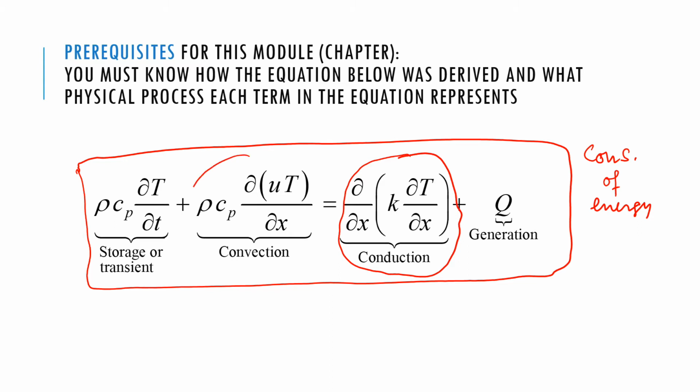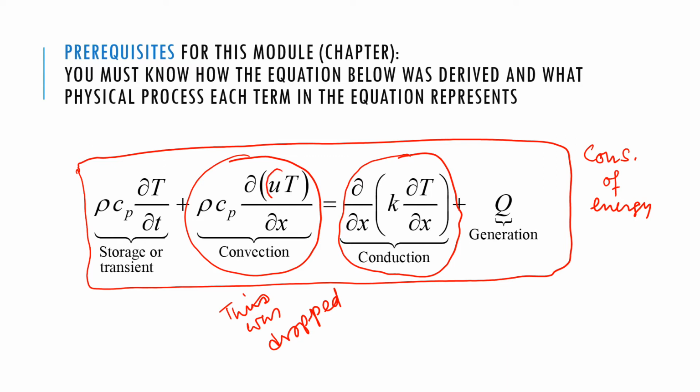We always dropped this term. This was dropped. But now in this chapter we have to keep it, because this U stands for velocity and we're going to do heat transfer in fluid where the fluid is moving. So now we have to keep this term.